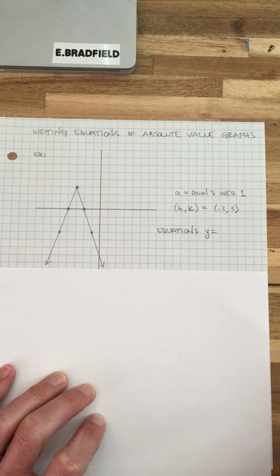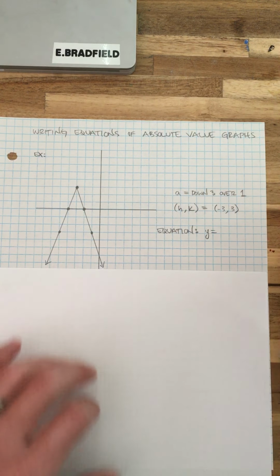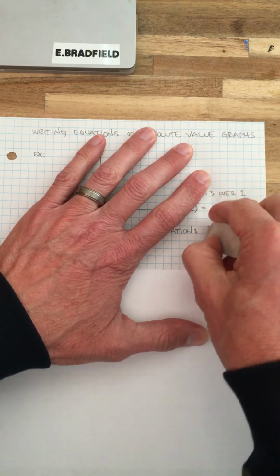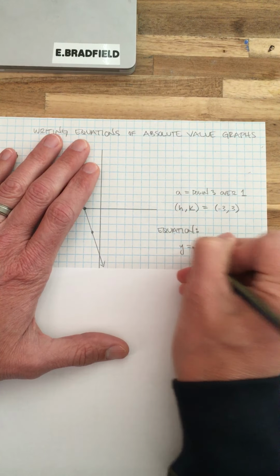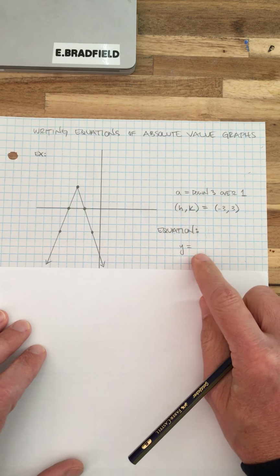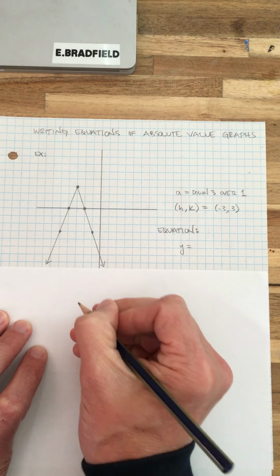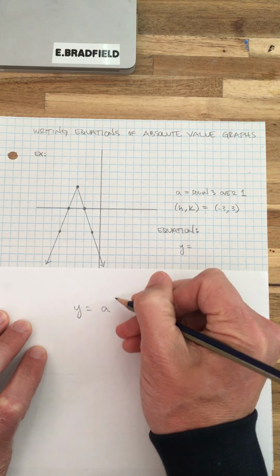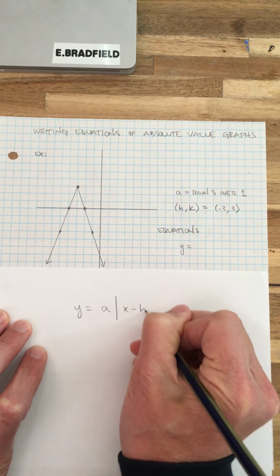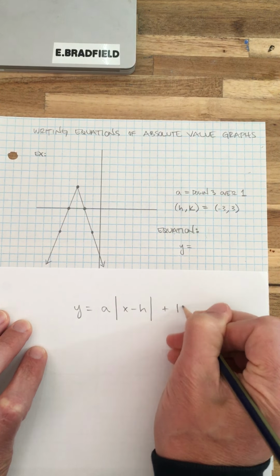And so here we go. The equation is, here, I didn't give myself enough room. Let me rewrite this over here. Okay, the equation is going to be y equals, all right, so the first thing we write is, remember, our equation looks like this. Y equals a times the absolute value of x minus h, and then plus k, right?